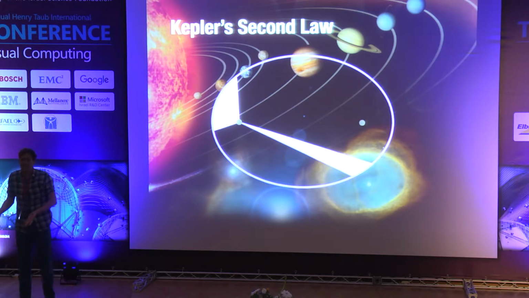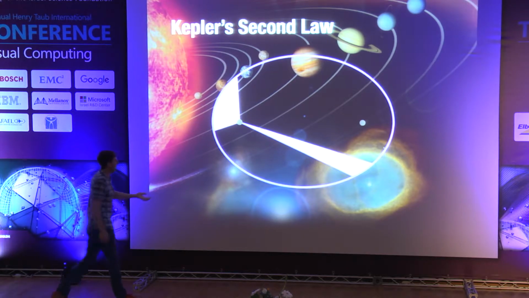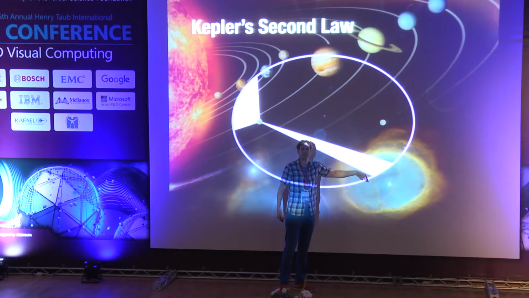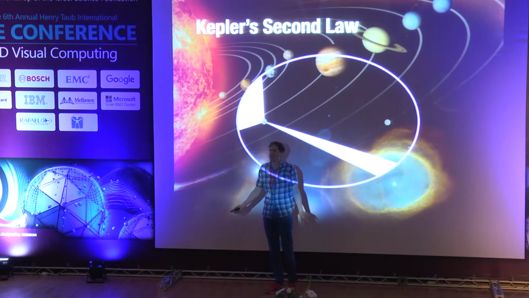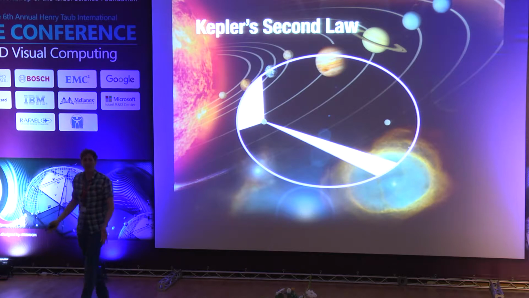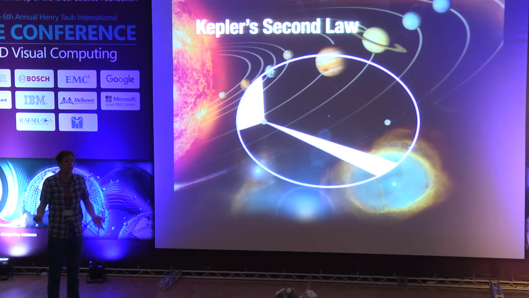If you do this at another instant in time, and you measure the same elapsed time, you'll get a different shaped pizza wedge. Kepler's second law is that the pizza wedges will have the same area. That's a description of the orbit.